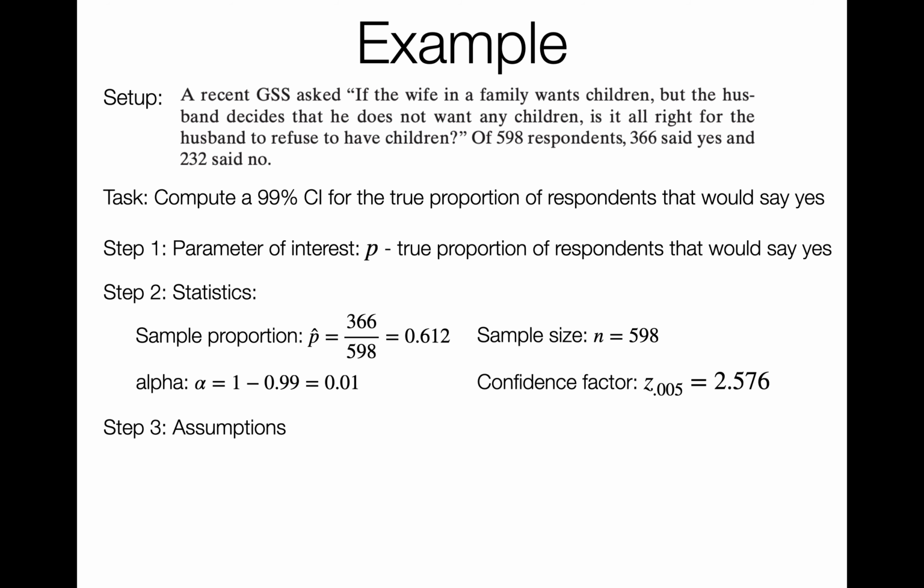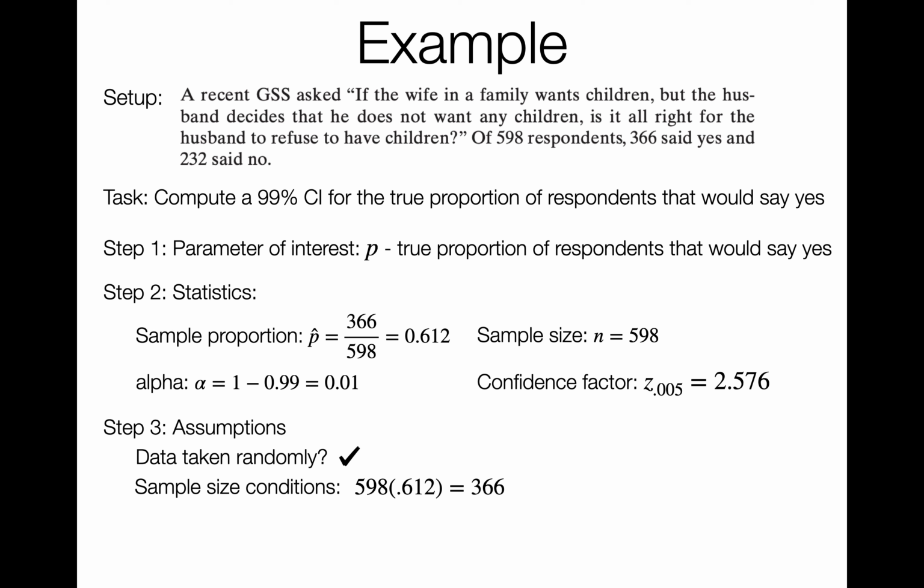But first, I need to check my assumptions. Were the data taken randomly? I'm going to assume that's true, because there's no reason not to. And then next I want to make sure that the sample size conditions are met.